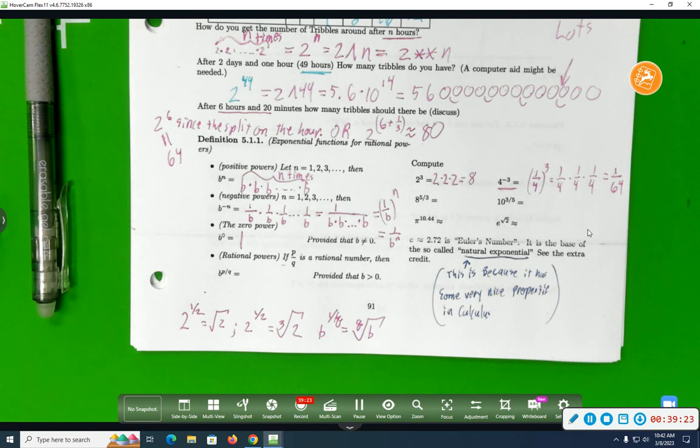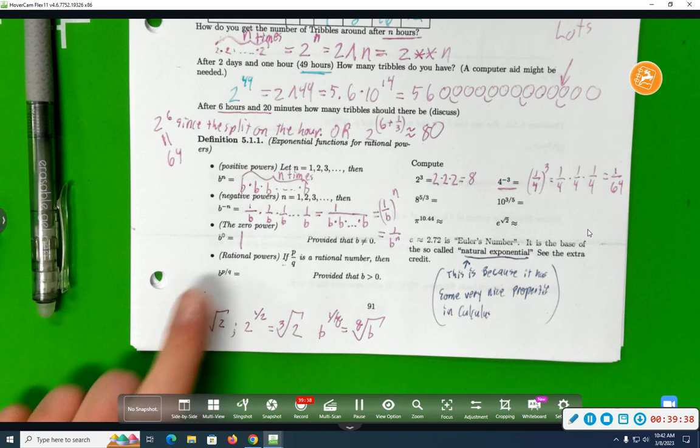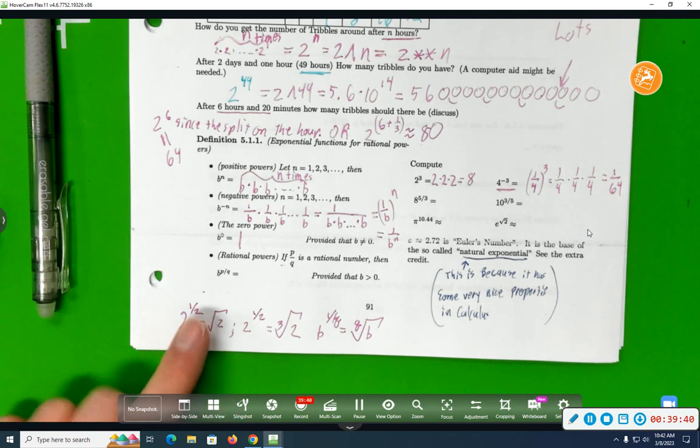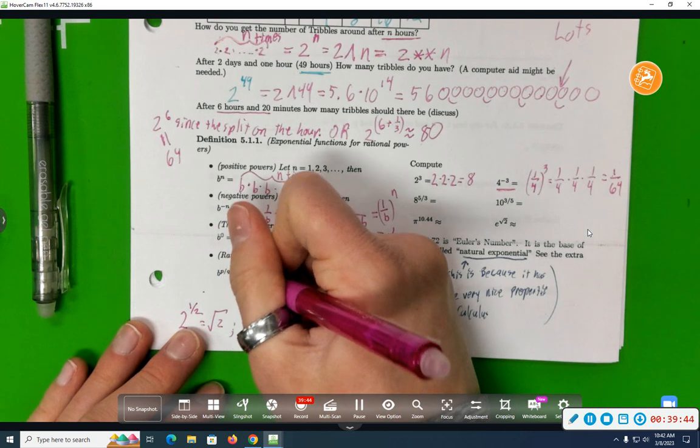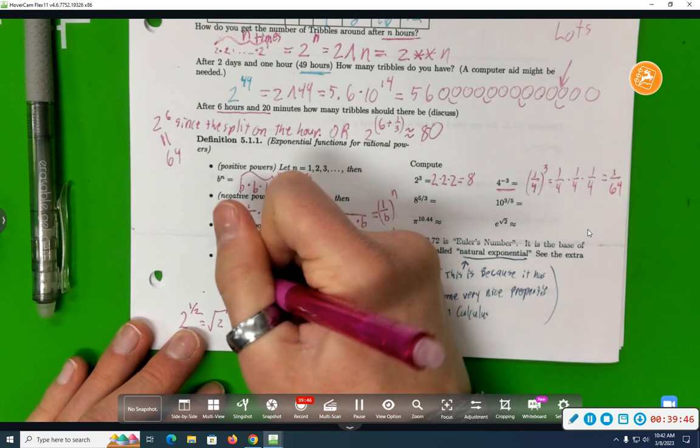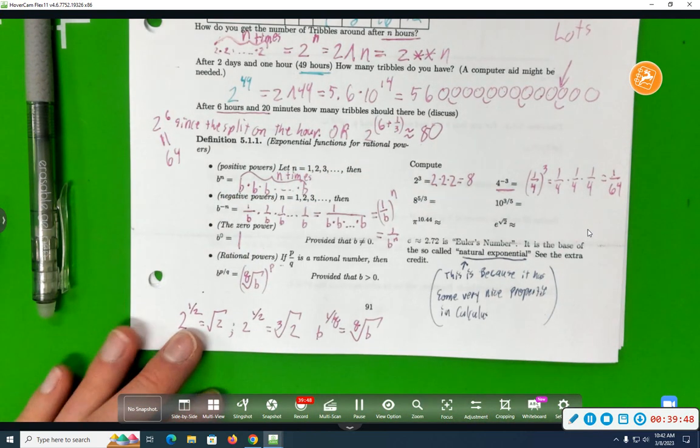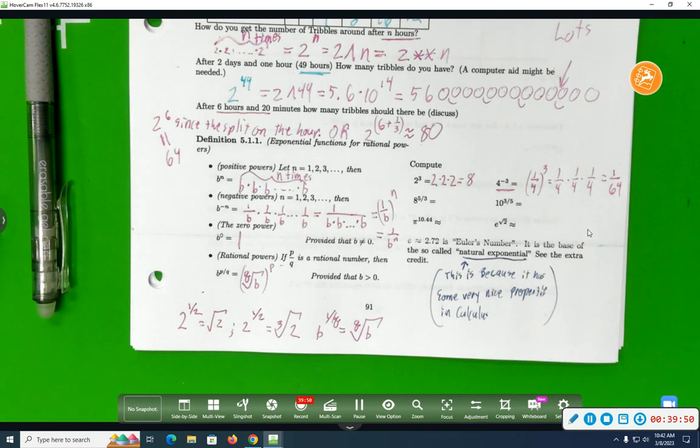How many people have noticed that your calculator has a square root button, but maybe doesn't have a cube root button or a fourth root button? Here's how you can do it. Raise things to fractional powers instead. Your calculator will be perfectly happy to do this. If you want b to the power p over q, for any fraction p over q, you can think of that as taking the qth root of b and then raising it to the pth power, provided that b is a positive number.